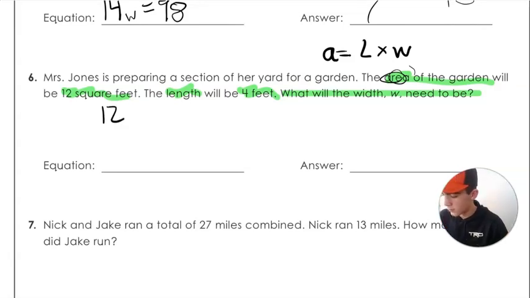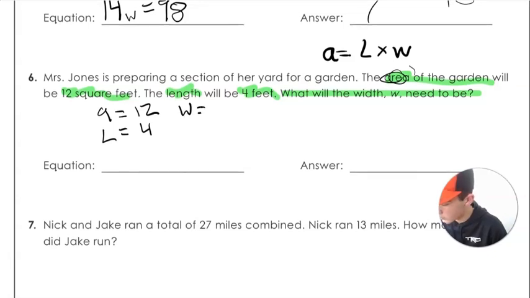The length will be 4 feet. So let's go like this. Let's erase that. And then we go, alright, area equals 12, okay? And then let's go length equals 4, and we don't know what the width is. We got to find out what the width is.